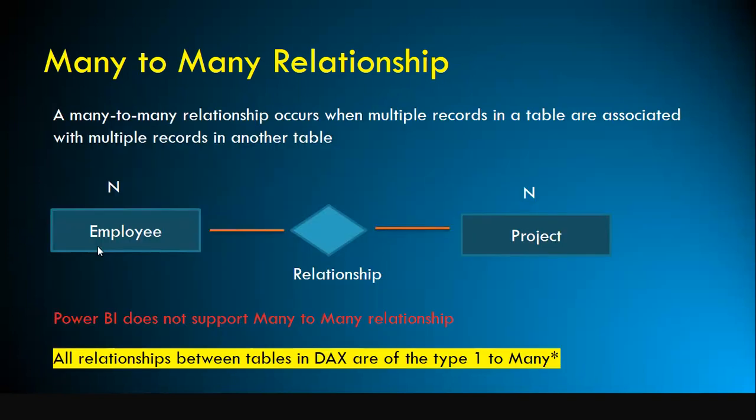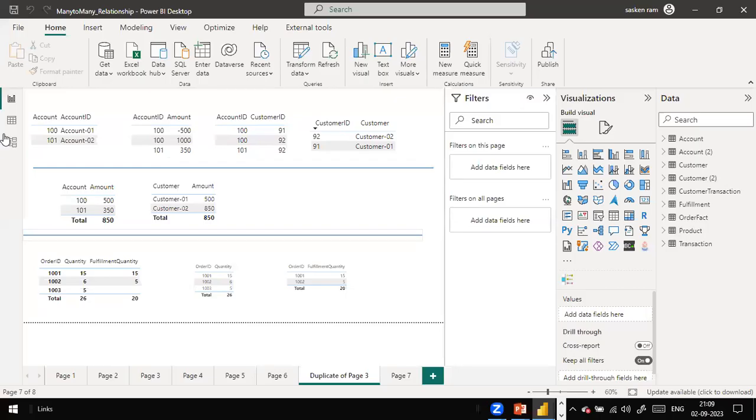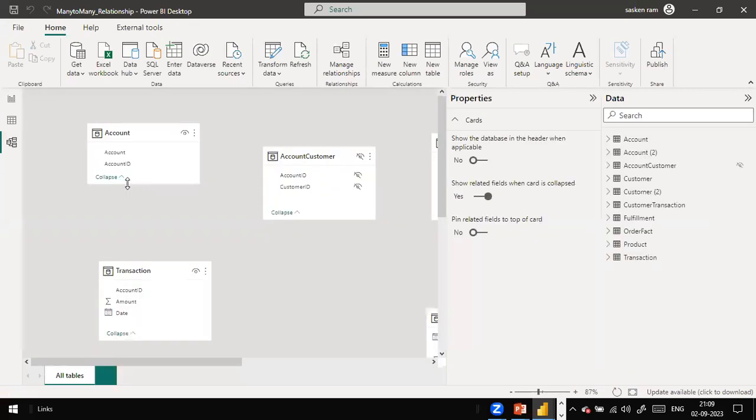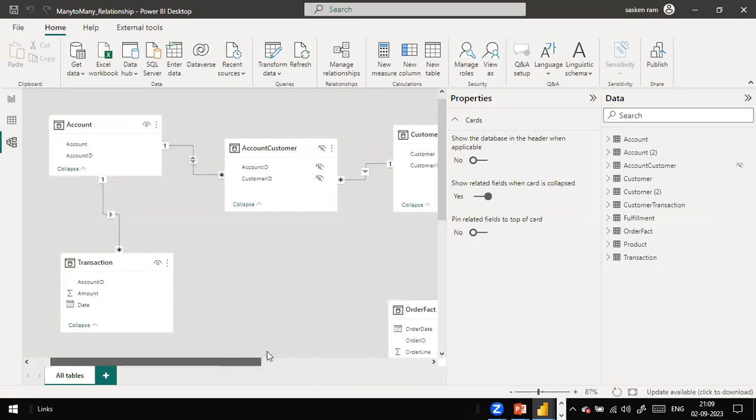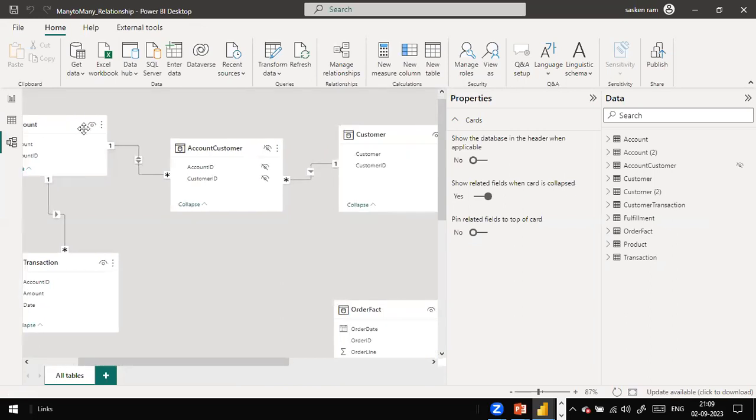For example, you have something called customer, and you have something called an account table. In the case of a bank, an account table and a customer table. A single customer can have more than one account. Is it true or not?